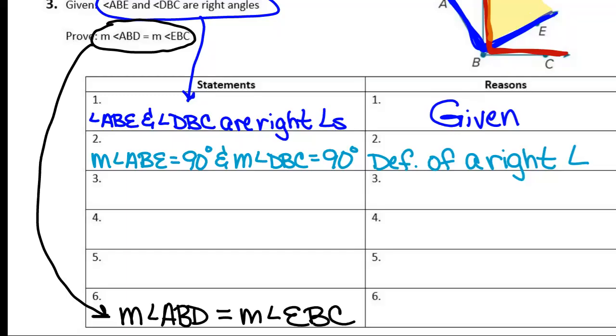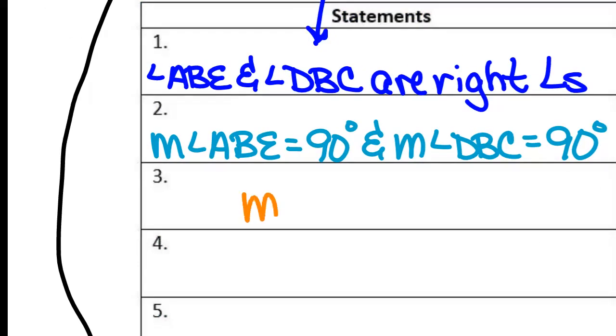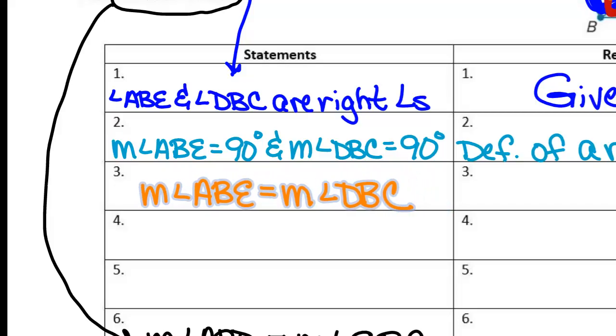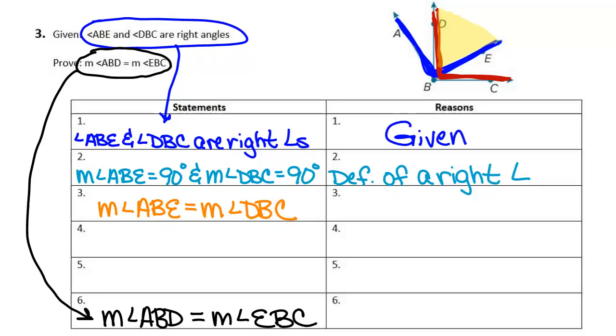So if they're both equal to 90, are they the same size as each other? Yes. So I could say the measure of angle ABE is equal to the measure of angle DBC.